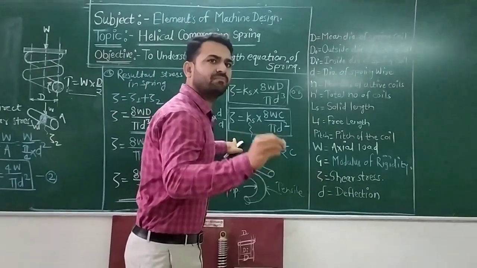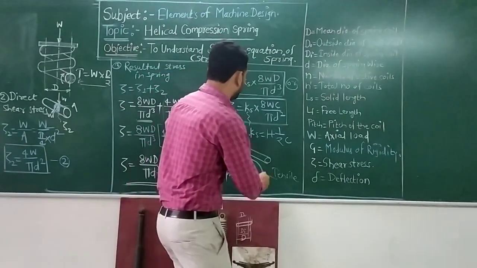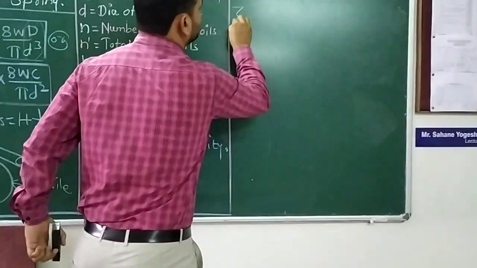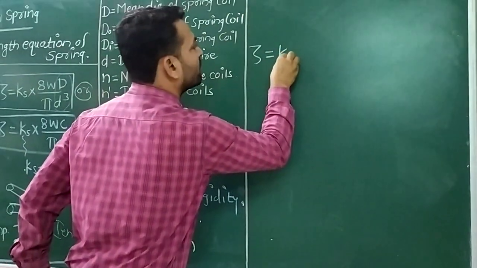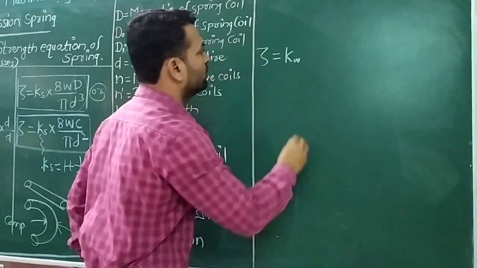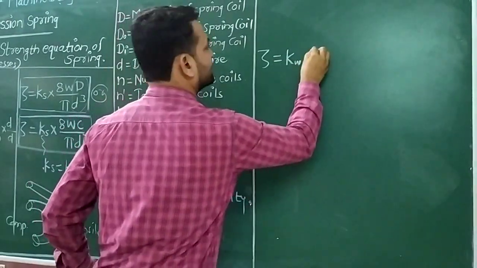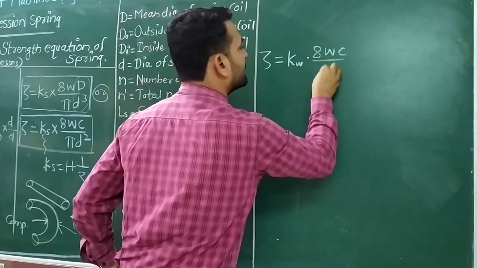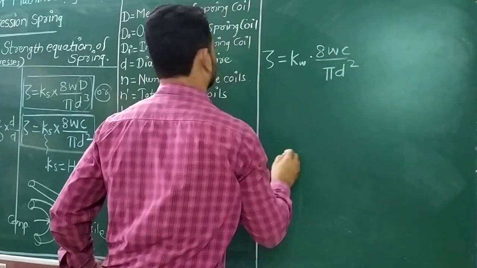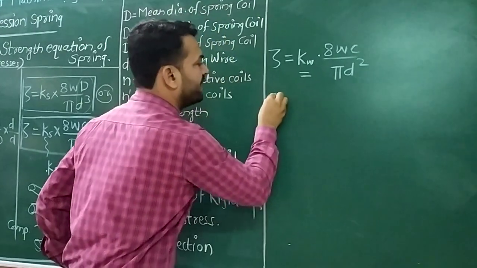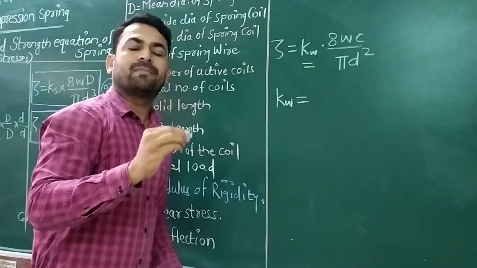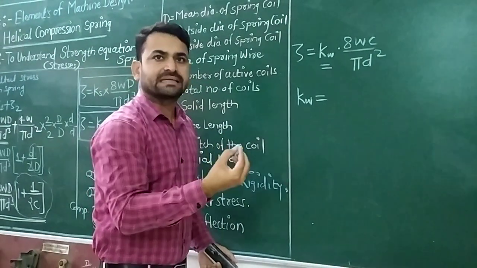So the final equation by considering the curvature effect for the spring will be tau is equal to KW into 8WC divided by pi d square. What is KW? KW is the Walsh correction factor, which is taken into account by considering the curvature effect.